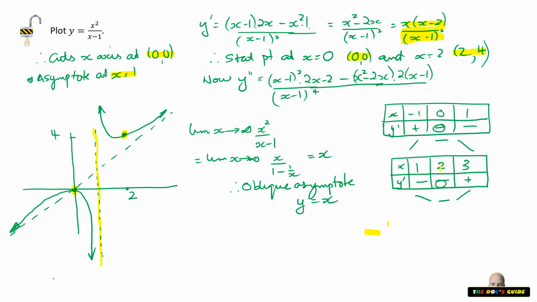What happens as I shoot off towards infinity? Well, as I tend towards infinity, for this curve here, as always, divide top and bottom by the highest power, and I notice that as I tend towards infinity, my equation actually becomes y equals x. So what I have here is an oblique asymptote: as I go to infinity, certainly the x values tend towards infinity, but more than that, the y values tend towards x.